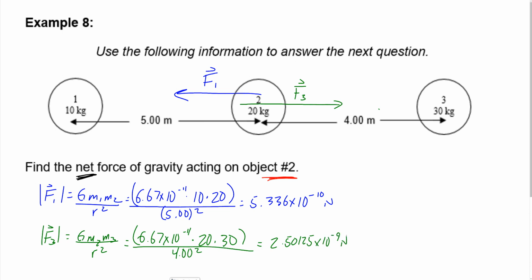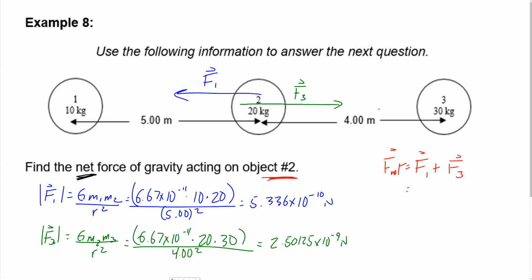Now, what do we do with these 2 forces? Same thing as we do with any other 2 forces. We want to combine them. Any other free body diagram, we say F net is equal to the sum of the forces F1 plus F3. Now, usually at this stage, we also say F net is equal to m times a, or recently we've said F is equal to mv squared over R. Here, since we're just looking for the net force, we'll just leave it as F net.